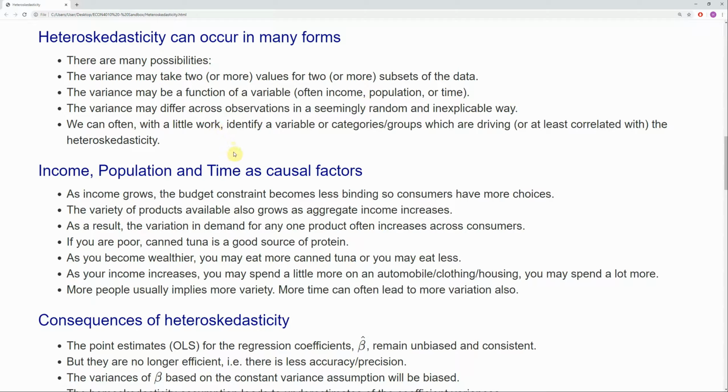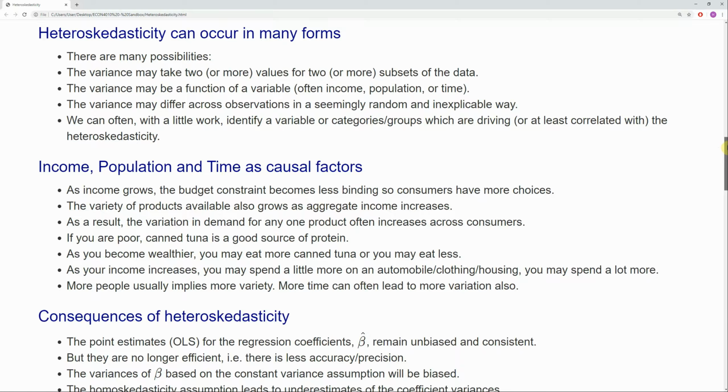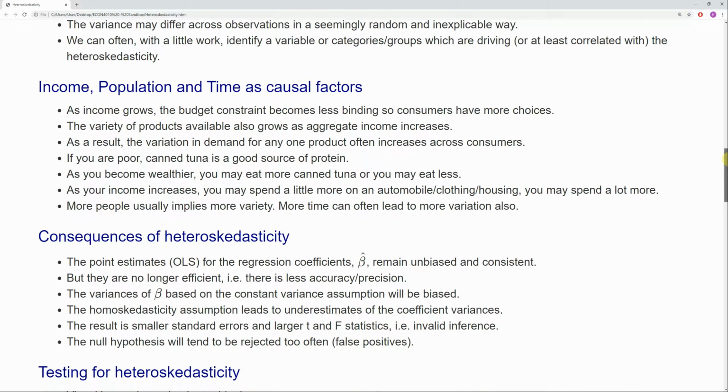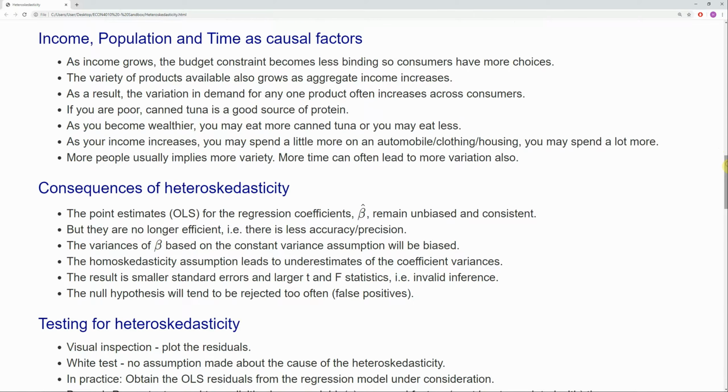So if we want to explain a little more on the types of situations and examples that those variables could cause a case of heteroskedasticity, we can think about income, population, and time. You can think about, for instance, as we have a lower income level, our purchasing power could be different.